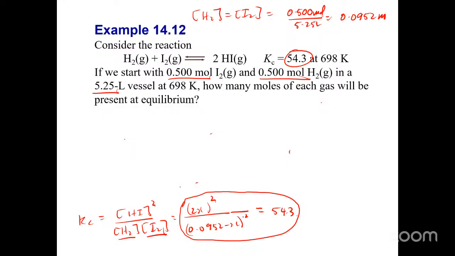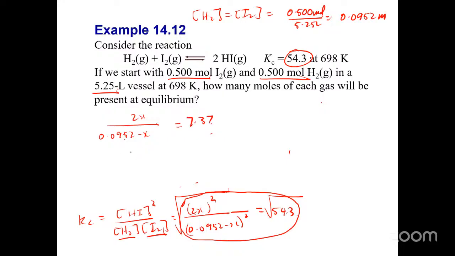So if you find the square root of both sides, you're going to end up with 2x divided by 0.0952 minus x, and that will be equal to the square root of 54.3. According to my calculation, the square root of 54.3 gives 7.37.